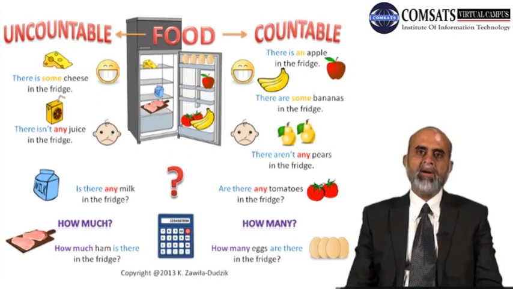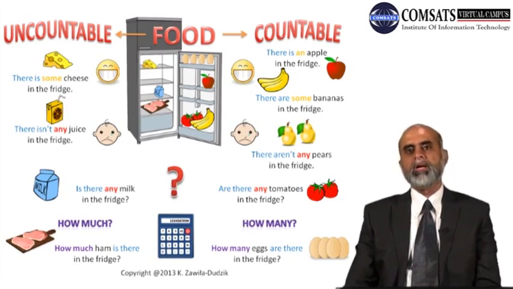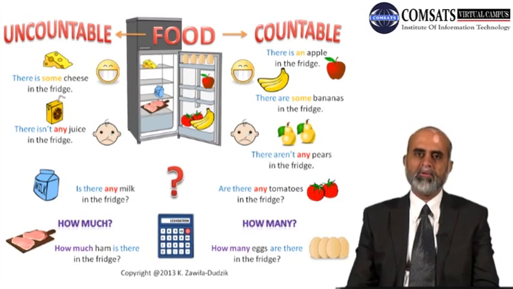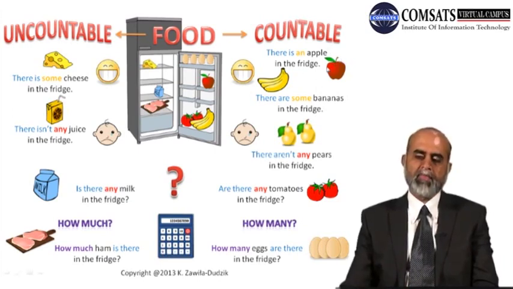We use a or an with a singular countable noun. I repeat, we use a or an with a singular countable noun. For example, apple is countable, and when it is singular we can say an apple. There is an apple in the refrigerator. There is an apple in the fridge.